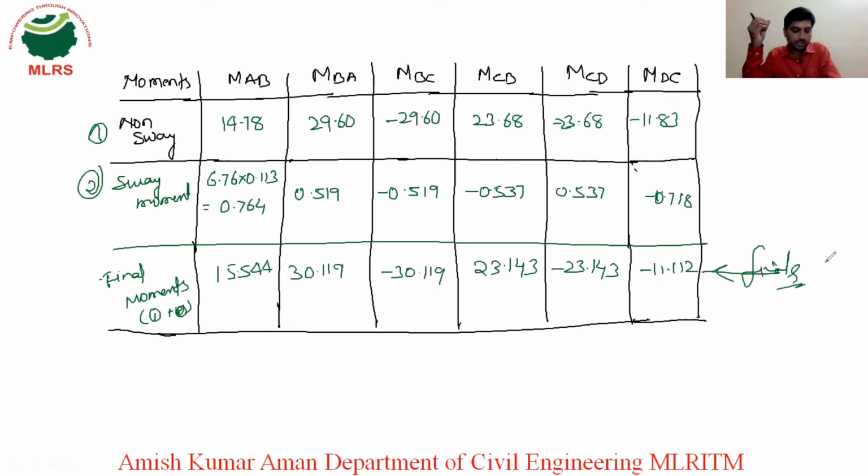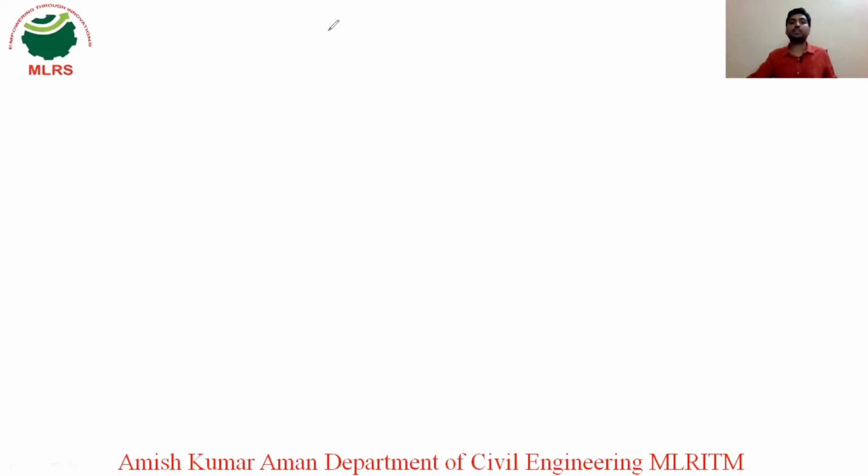Okay, now we have the final moments. What is our next step after getting the final moments? After getting the final moments, we draw the bending moment diagram, that is the BMD. So make that frame.